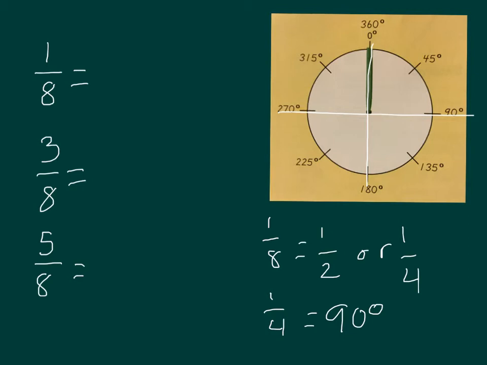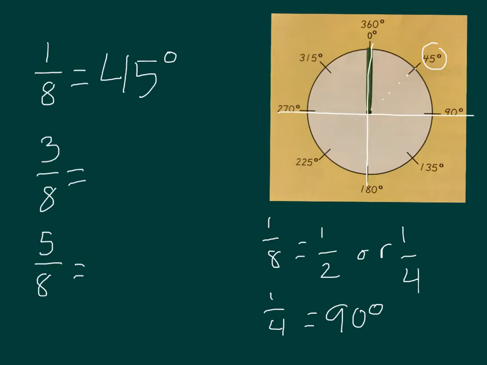Let me try it now. I'm going to split 90 degrees in half. And I end up at 45 degrees. So 1/8 of a circle is the same as saying 45 degrees of that circle.